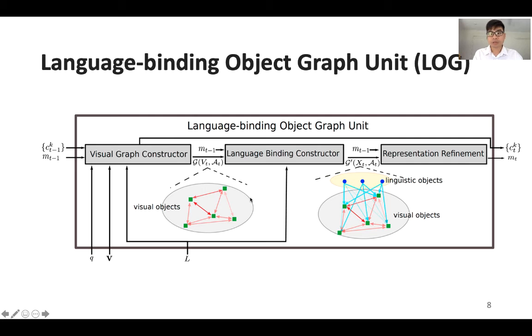Those language cues are extracted by an attention mechanism, and the language binding constructor helps build a bipartite graph, as you see here, between the visual objects and the linguistic objects. The bipartite graph will decide how much a word in the linguistic objects affects the representation of visual objects. And representation refinement will help refine the representation of visual objects based on the information of the objects connected with it in the visual graph.